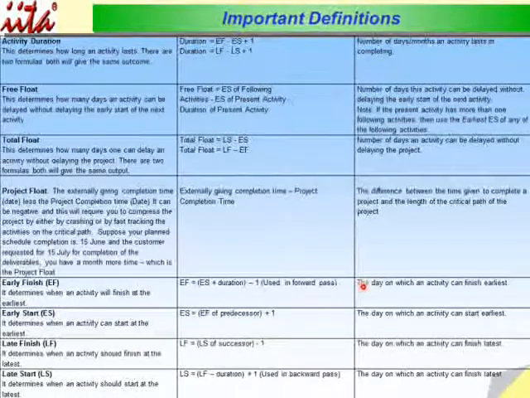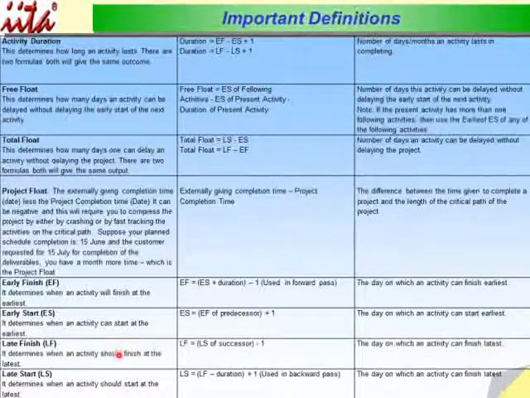The definition of the early finish is the day on which an activity can finish earliest. Early start, ES, determines when an activity can start at the earliest, and the formula is early start is equal to early finish of predecessor plus 1. It is the day on which an activity can start the earliest.